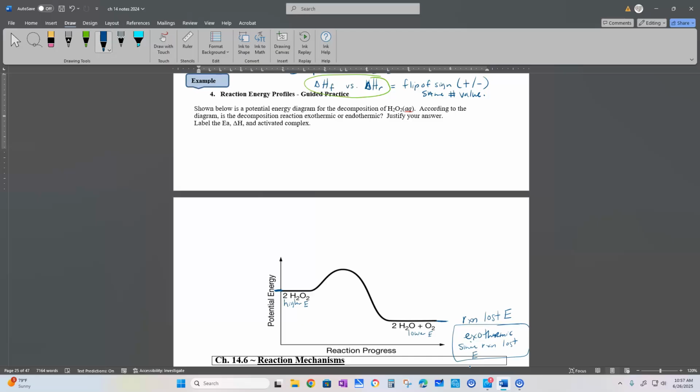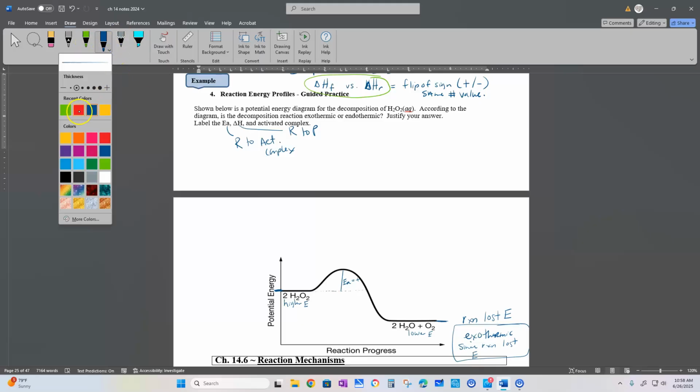Can you label your EA? Well, remember EA is from the reactants to the activated complex, okay? So right here, you just draw this little dotted line. And then that right there, there's your EA. Okay, and we know it's going to be a positive value. And then your delta H, remember, is from your reactants to products. So I'll do it in red.